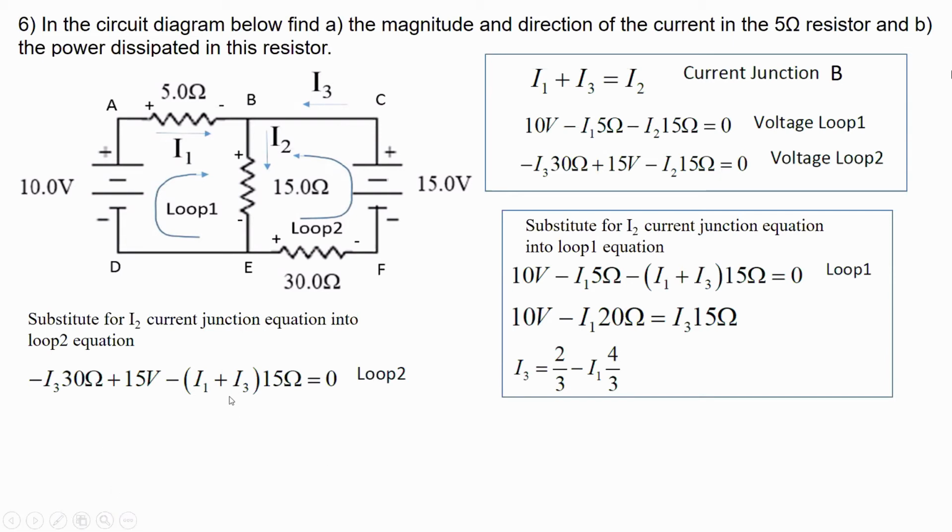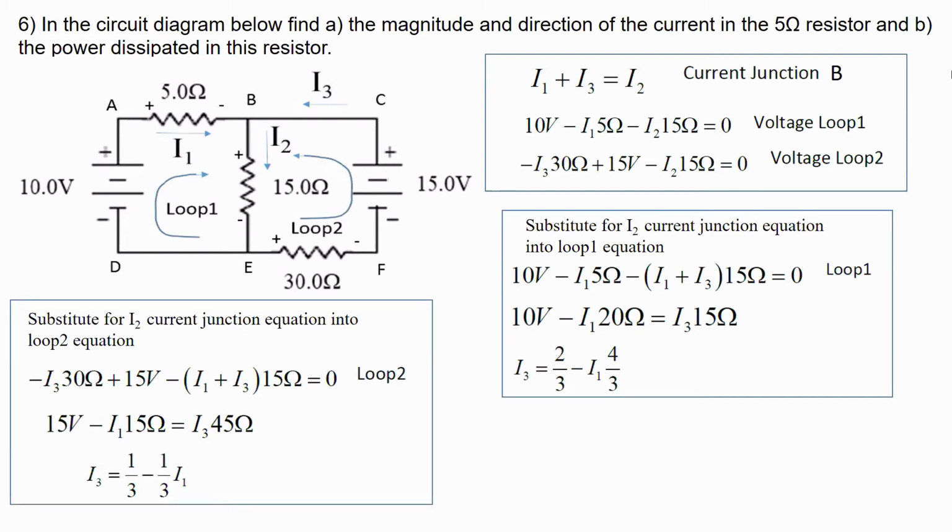There's 2 I sub 3 terms. I moved I sub 3 over to the right-hand side. So I sub 3 here, you have a 15, you have a 30, 15 plus 30 is 45. We'll move over to the right-hand side. And again, what I want to do is isolate I sub 3. Okay, so we have two equations for I sub 3.